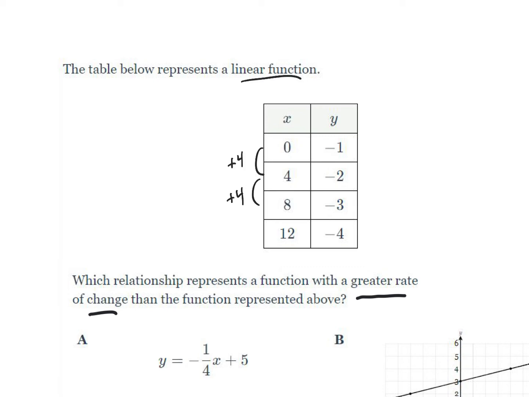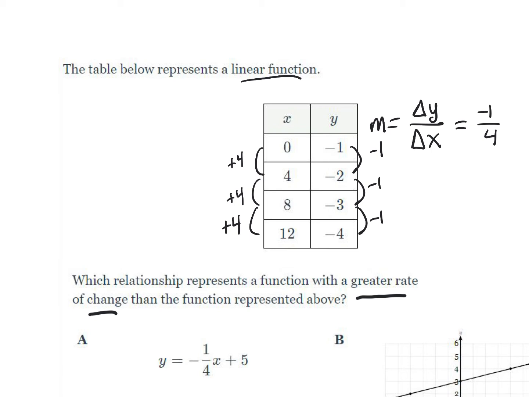They tell me it's linear, so I'm not checking. I'm just finding the slope. Negative 1 to negative 2 is going down by 1. So my rate of change, my change in y over change in x, is negative 1 over 4. So my slope is negative 1/4.